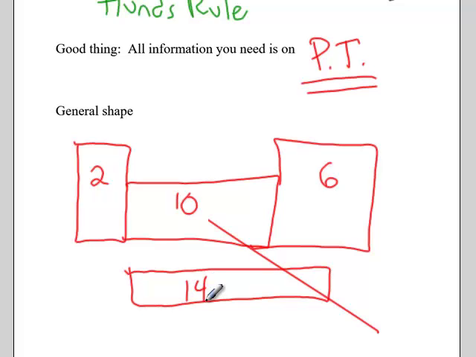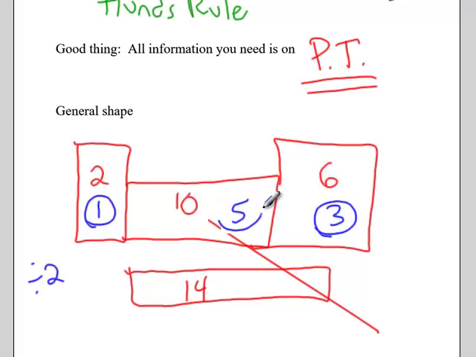So those numbers don't look like anything that we've seen before. However, they're directly related to what we've already been doing. If we take the number of columns and divide each of those by 2, we take 2 divided by 2, we get 1. 6 divided by 2 gives us 3. 10 columns divided by 2 is 5, and 14 columns divided by 2 is 7.